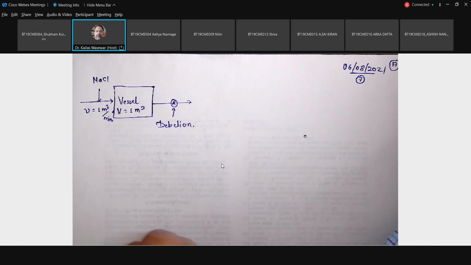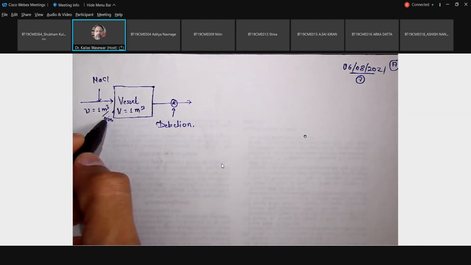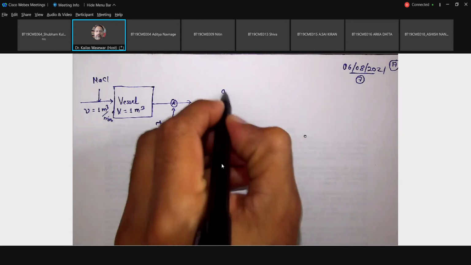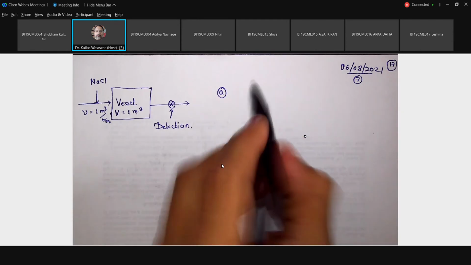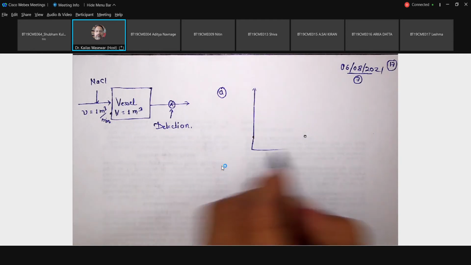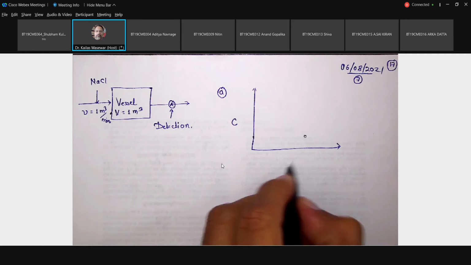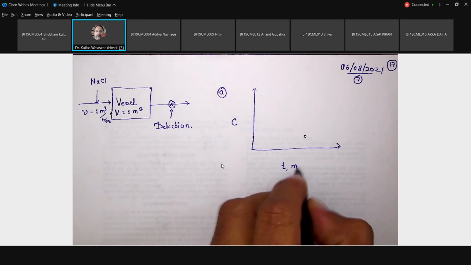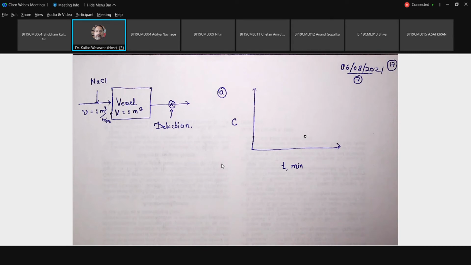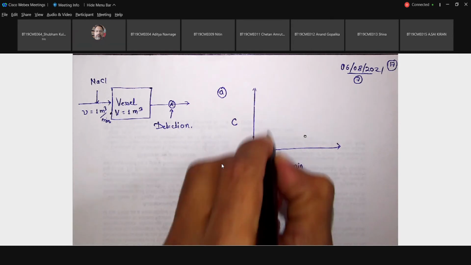Now, when we are giving the particular pulse, it is observed that in one of the cases we are getting the residence time, like the C curve, concentration with respect to time. So one of the curves is like this.